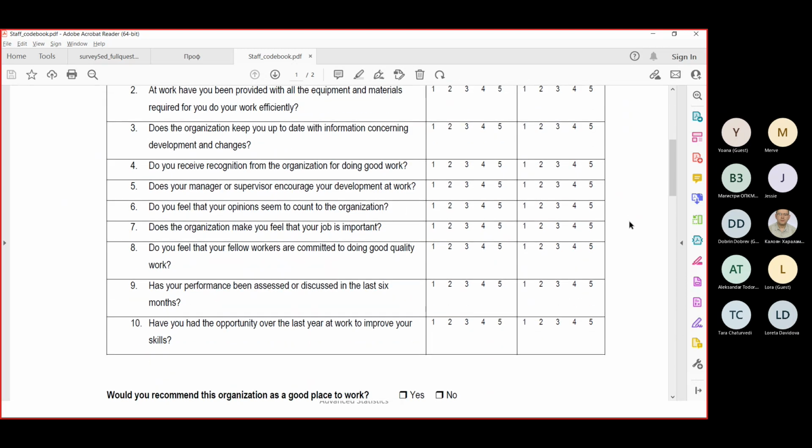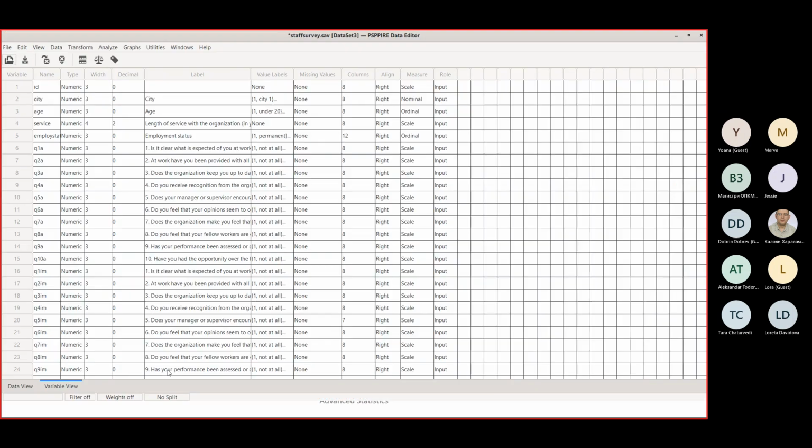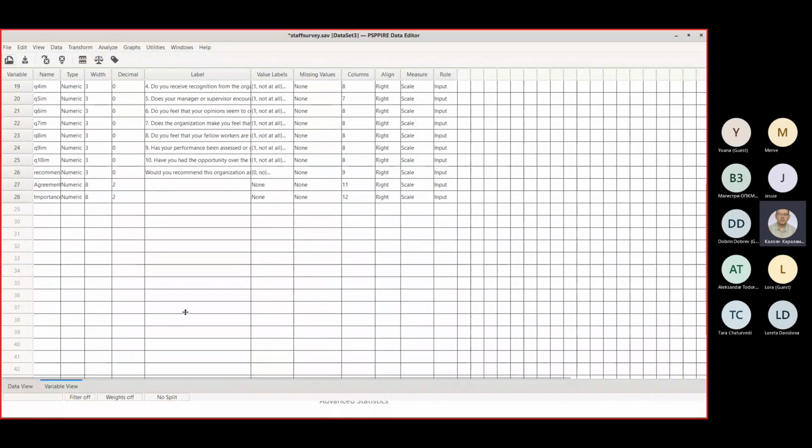Then two new variables are calculated. One variable about agreement and another variable about importance. And then we can compare agreement and importance. So I will choose Analyze.